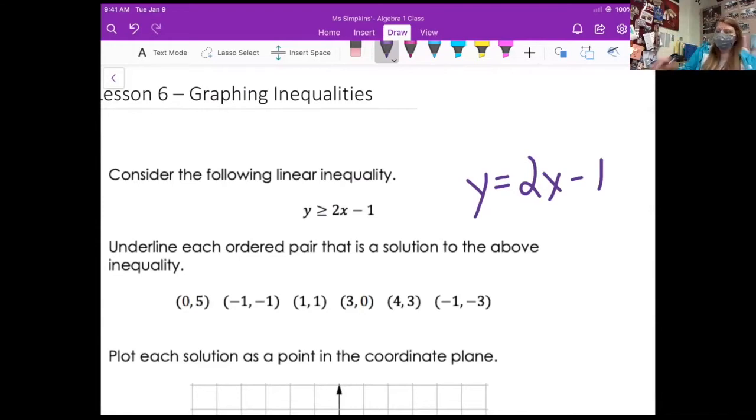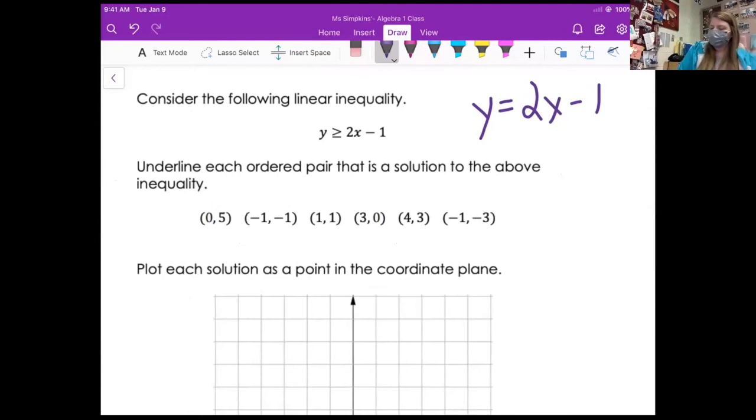But before we do, I want you to look at those 6 different coordinates. So 0, 5; -1, -1; 1, 1; 3, 0; 4, 3; and -1, -3. So we want to see, of those 6 points, which ones are going to give me a true statement. What I mean is, if I substitute 0 for x and 5 for y, does it give me something true? So let's do that. We're going to put in 0 for x and 5 for y.